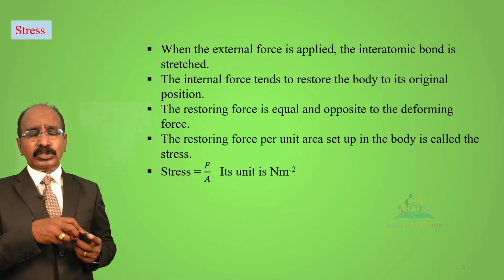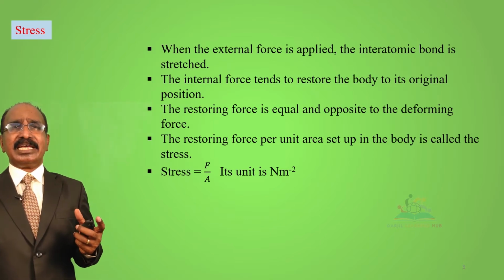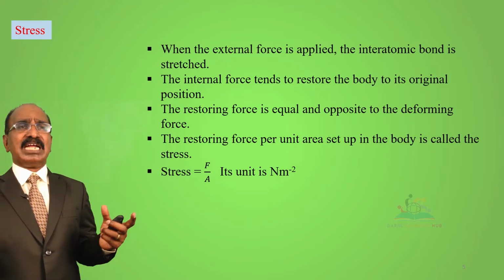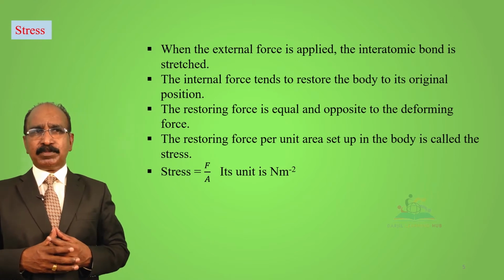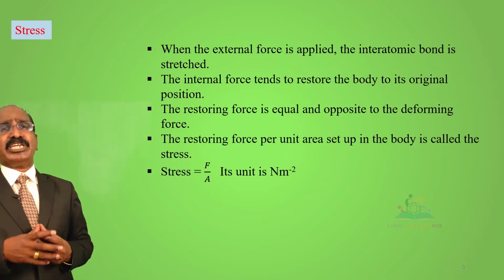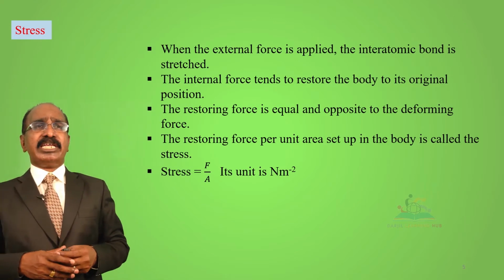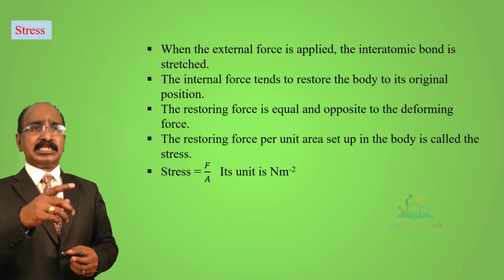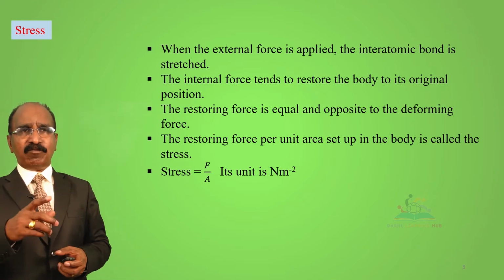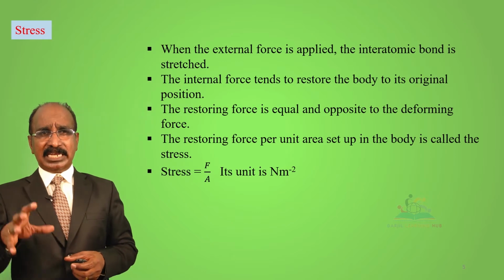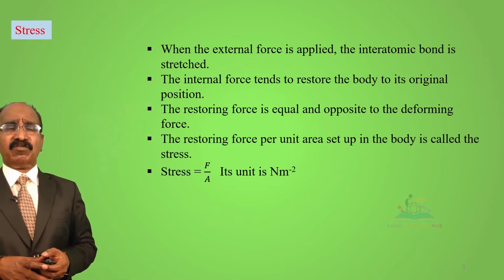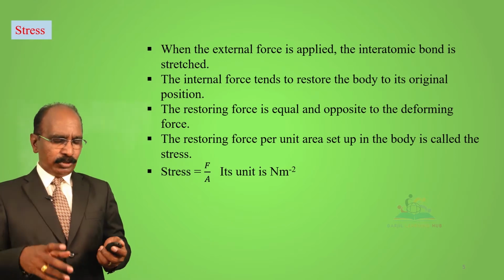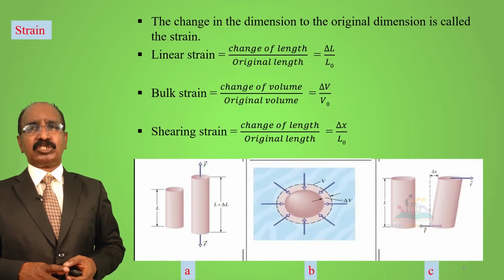The restoring force should be equal to the external force that we had given from the outside. The restoring force per unit area set up in the body is called stress. That is, stress will be equal to F by A, where F is the force and A is the area in which the force is acting. And the unit is Newton meter minus 2.